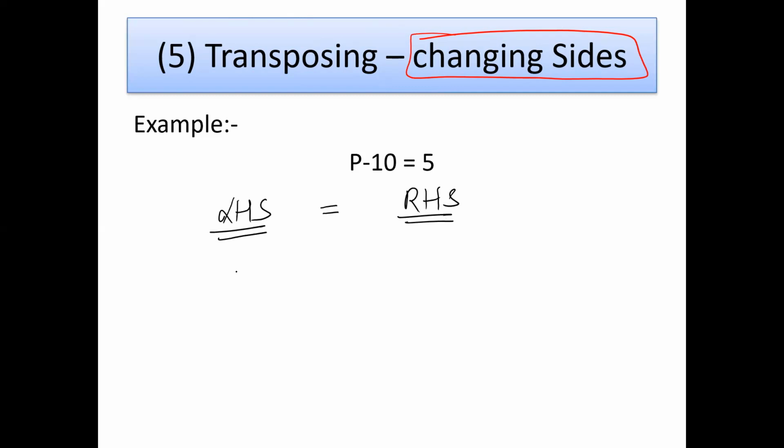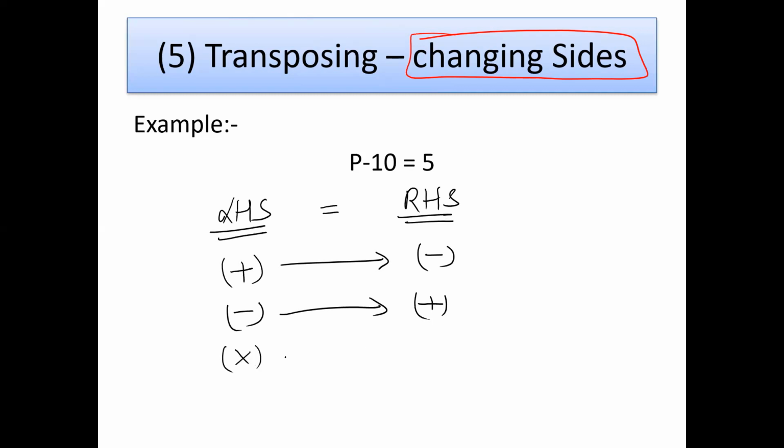So the plus sign from the LHS will go to the other side and become minus sign. Similarly, if we have minus sign on LHS, it will become plus sign in RHS. And if we have multiply sign in LHS, it will become division sign in RHS. And if we have division sign in LHS, it will become multiplication sign.